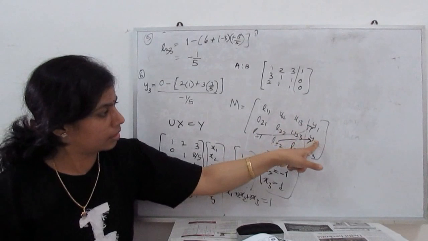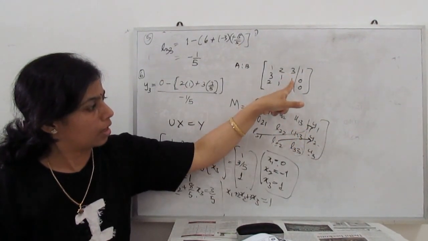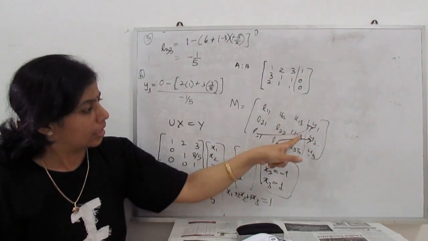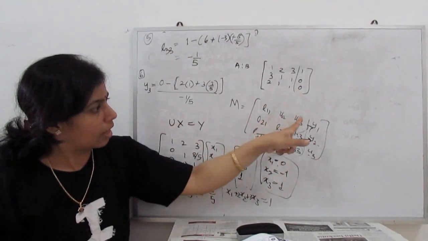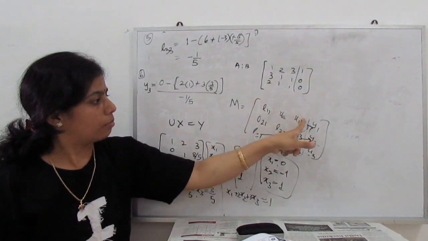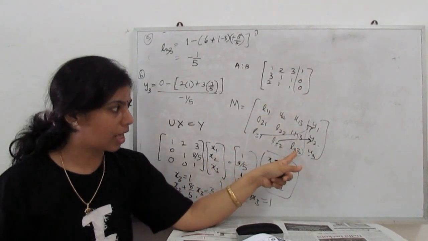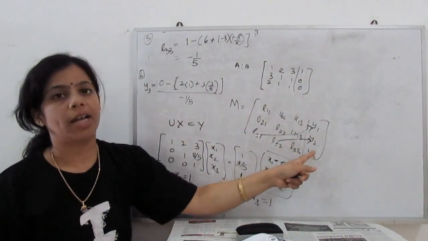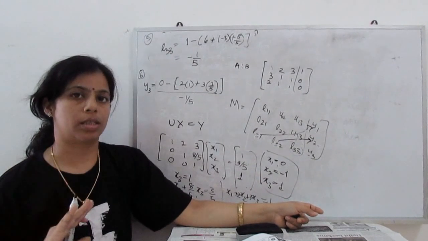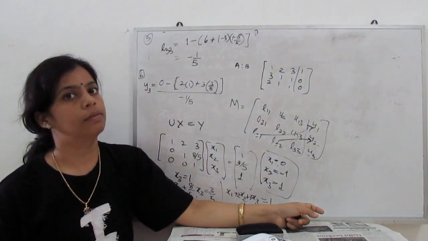Next the remaining elements: same element minus this times this divided by this. Second last L33 and then Y3 with the same process. If you go with this method, you will definitely solve the problem.